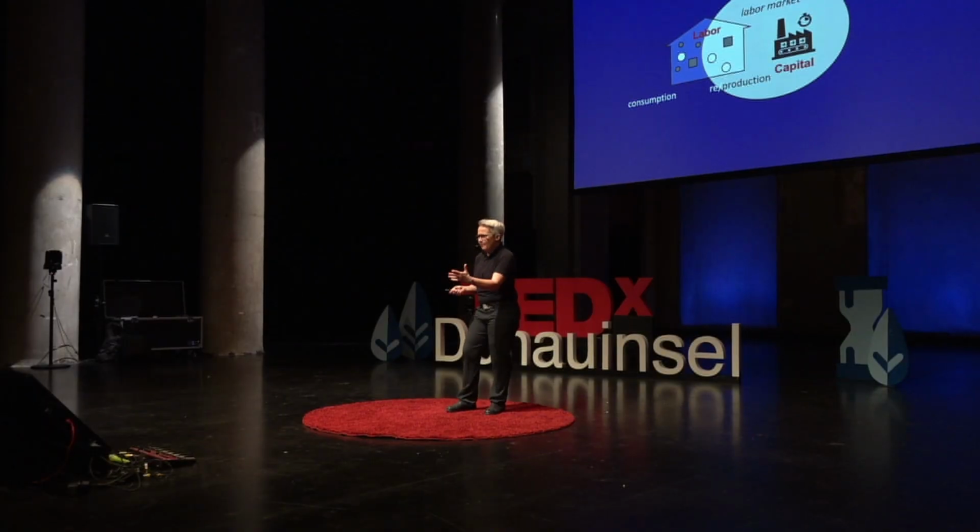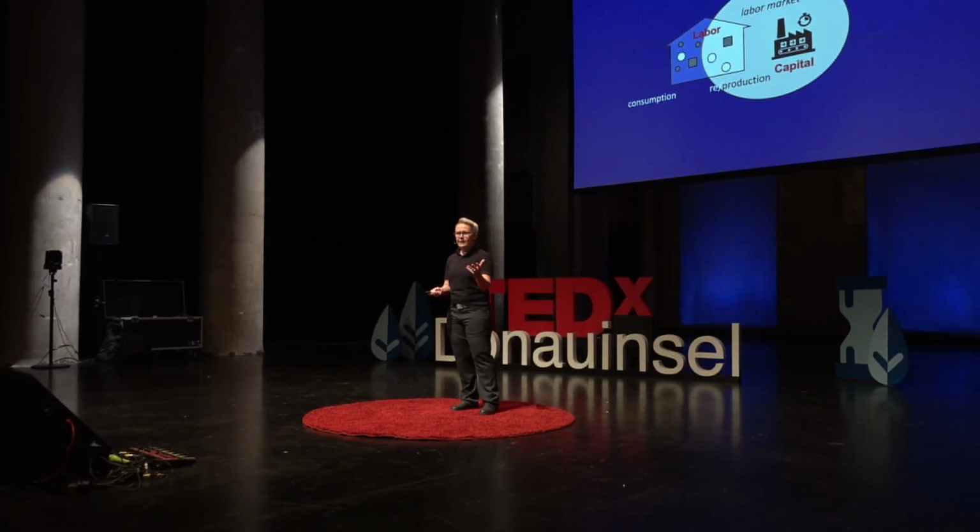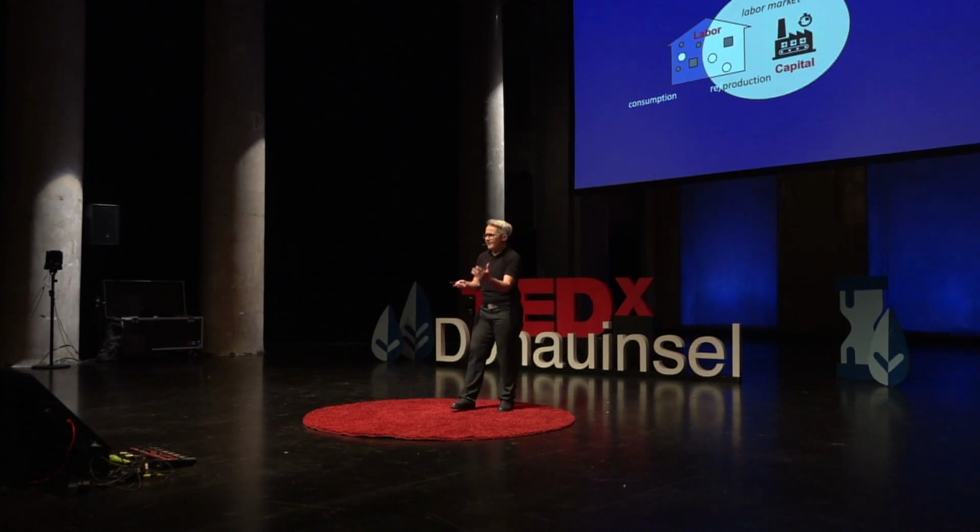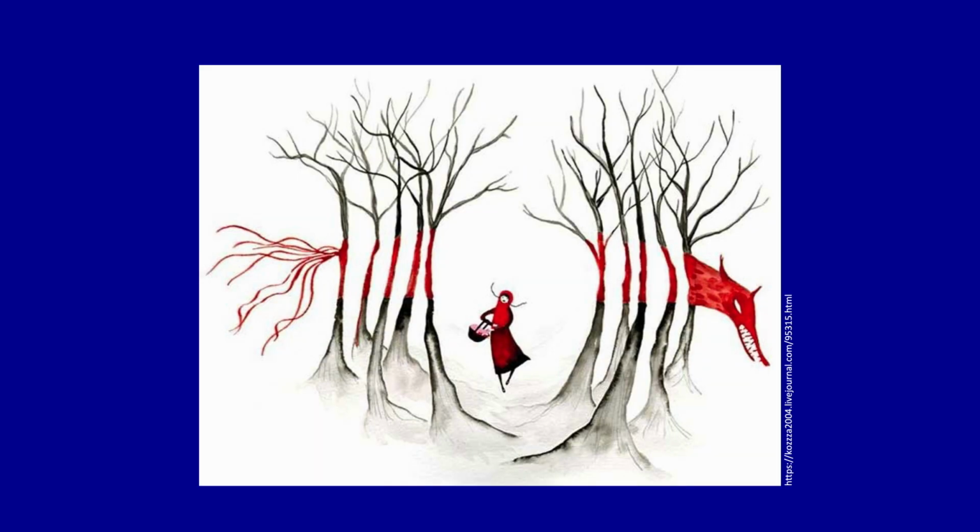So I asked my students for this talk, actually. I said, can you think of any better models that describe the real world better? Maybe you can think of fairy tales that describe the situation better. My students are smart. They suggested Little Red Riding Hood. Perfect.